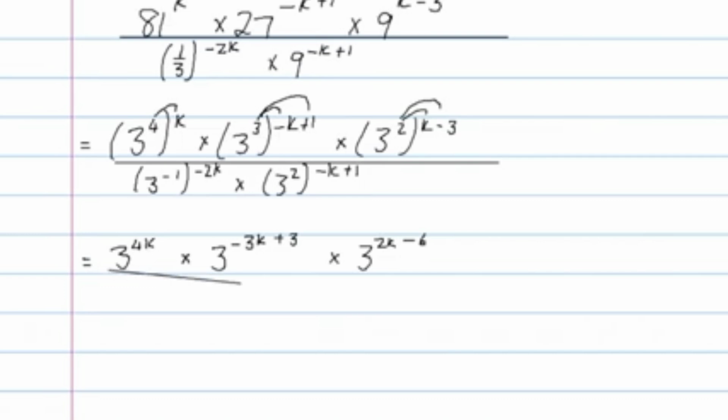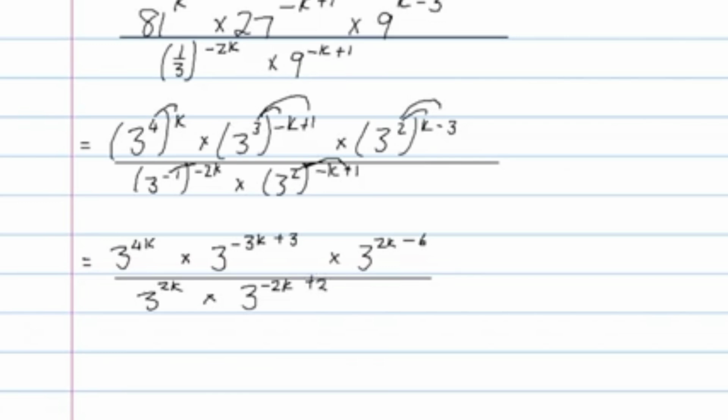Done with the numerator, and then our division sign on the denominator, it's 3 to the power, okay, it's negative 1 times negative 2, it's positive 2. And then when you say 2 times negative k, it's negative 2k. And then 2 times 1, it's positive 2.